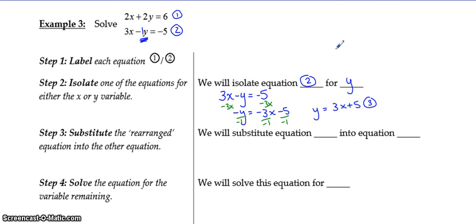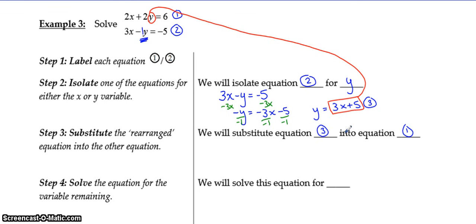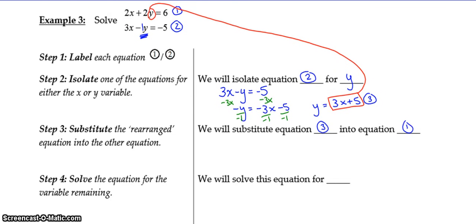So, what we're going to do now is take this value of y, and this came from equation 2, so that means we're going to substitute it into the y of equation 1. So substitute equation 3 into equation 1. The reason you don't use equation 2 is because that's the equation we started with. So you're going to take the expression of y, substitute it into the y of the first equation.